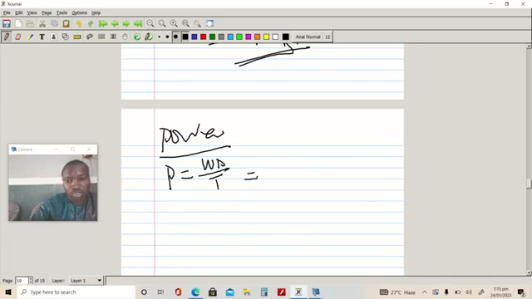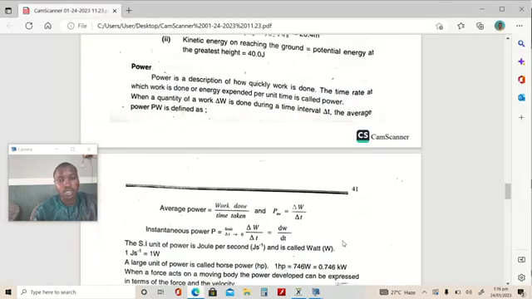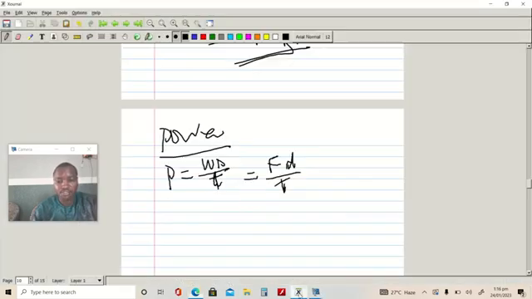Of course, work done is force times distance, FD, over time taken. Let's use small t to denote that. Now, when a quantity of work is done during a time interval delta t, the average power is defined.